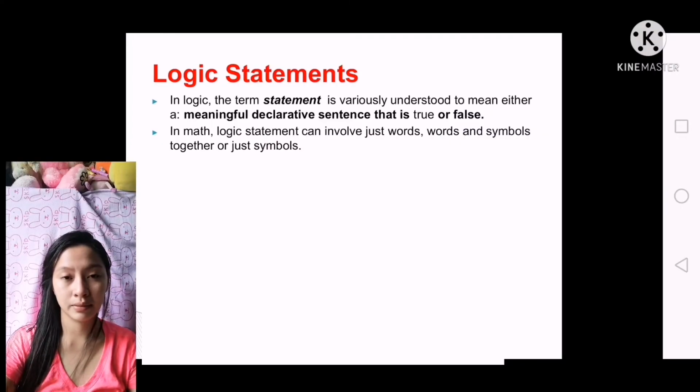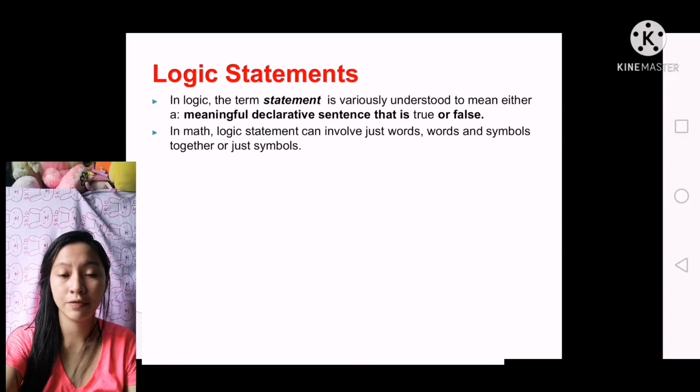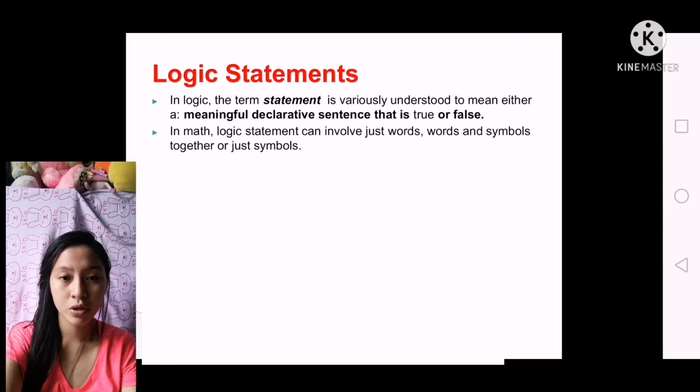Okay, after defining the two words, logic and statement, now let's talk about the meaning of both words when they come together. So, logic statement. In logic, the term statement is variously understood to mean either a meaningful declarative sentence that is true or false, or a proposition.